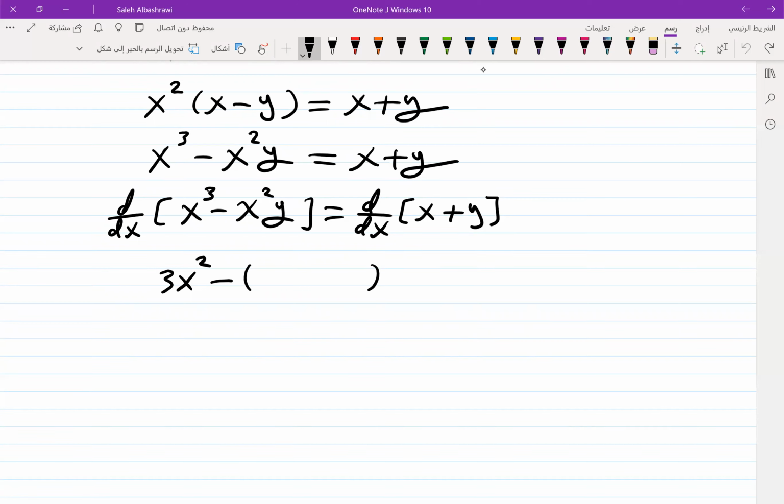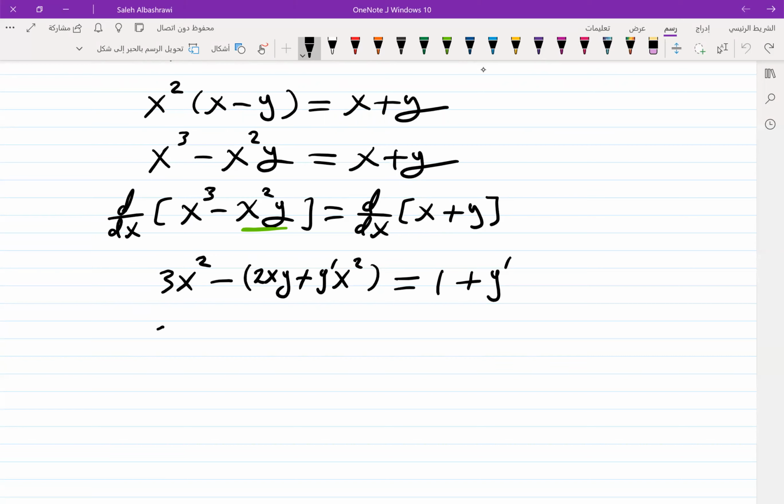So this is the product rule. The derivative will be 2x y plus the derivative of the second one, it is y prime x squared, equal to the derivative of x is 1, derivative of y is y prime. Now open the brackets, rearrange the terms to find y prime.